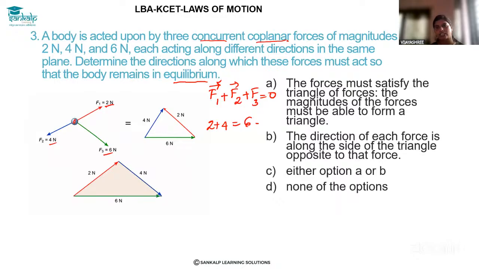Which satisfies the equilibrium condition. 2 plus 4 equals 6. So look here, we can see clearly, the direction should be like this.